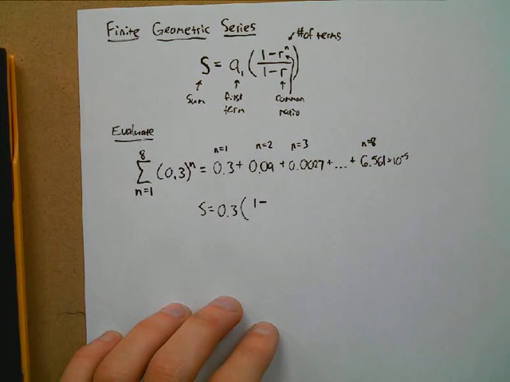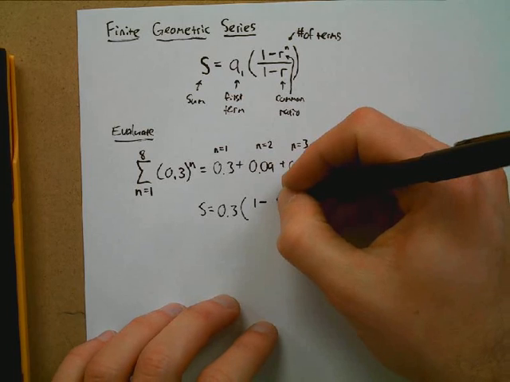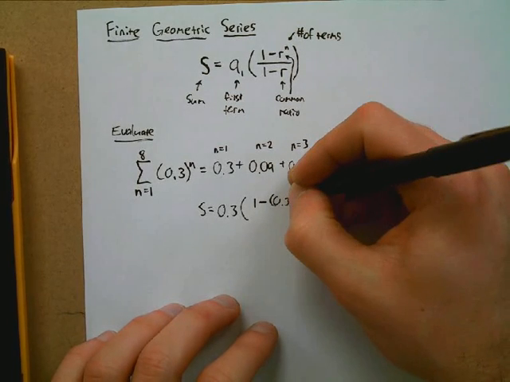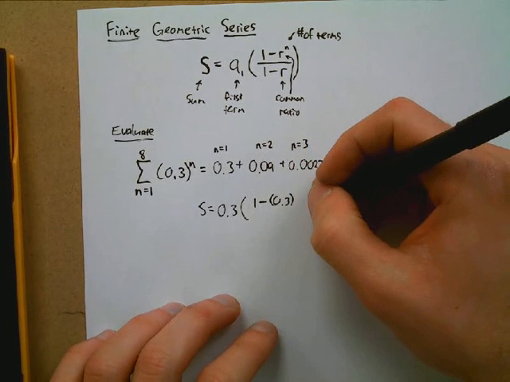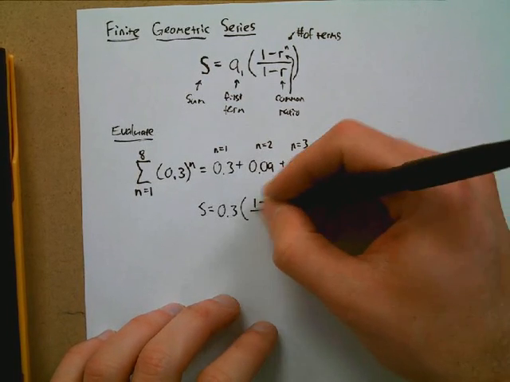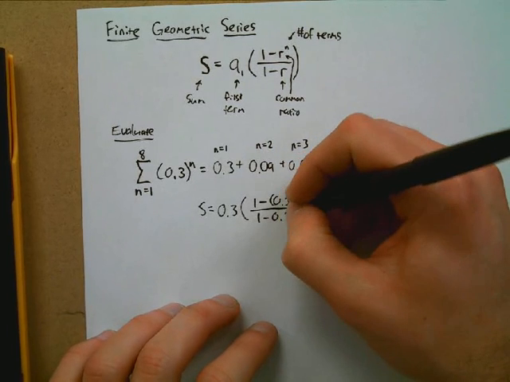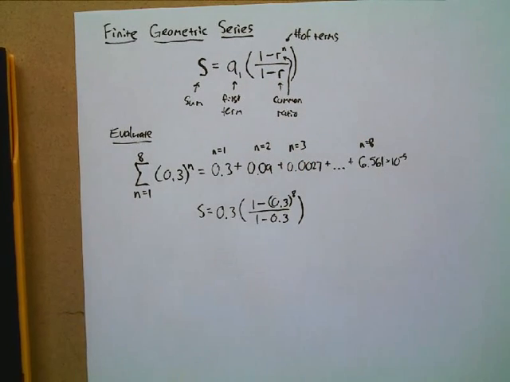You guys go ahead and type this in your calculators. I strongly suggest you try and type this in your calculator just to make sure you can type it in correctly, because some people will type this in incorrectly.